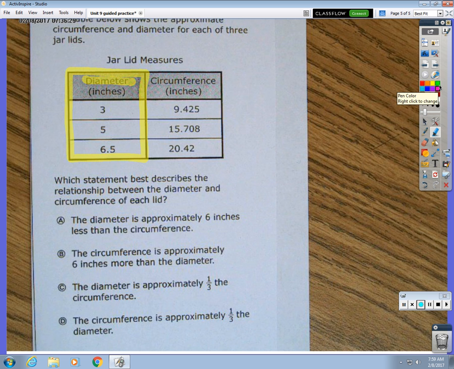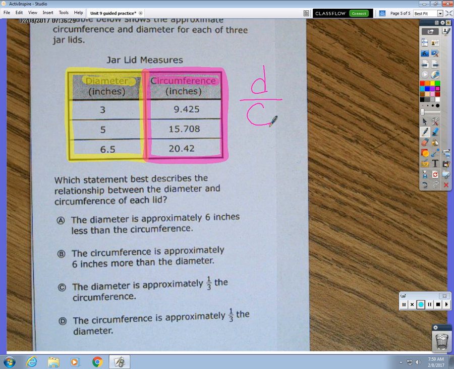And then on the right hand side of the table, we have the circumference of those jar lids. Both are given to us in inches. The question says, which statement best describes the relationship between the diameter and circumference of each lid? So we're looking for the relationship between the diameter and the circumference of each lid.